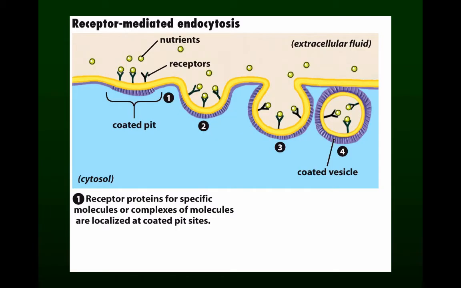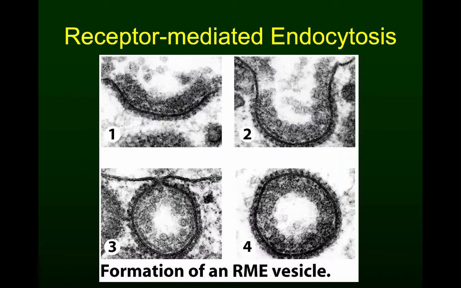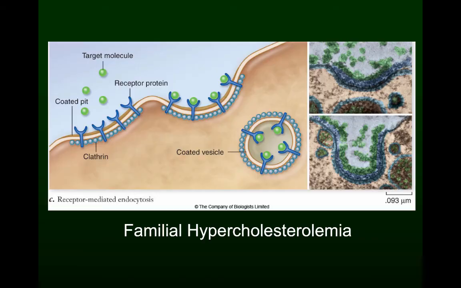Again, receptor-mediated endocytosis: we've got those receptors, we've got the molecules that are being captured, coated pits forming, eventually vesicles bringing those molecules into the cell where they can be dealt with accordingly. And then the genetic condition I talked about before is called familial hypercholesterolemia. All right, so you don't necessarily need to know that name.